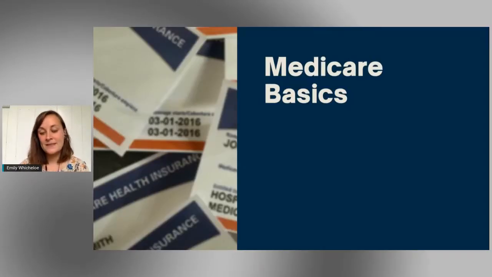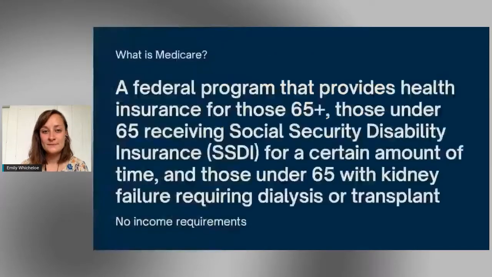There are a few topics that we'll need to be familiar with before diving into the meat of this presentation, and the first is Medicare basics. So what is Medicare? It is a federal program that provides health insurance for those 65 and older, those under 65 receiving Social Security Disability Insurance, SSDI, for a certain amount of time, and those under 65 with kidney failure requiring dialysis or transplant.